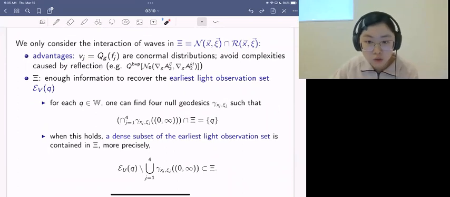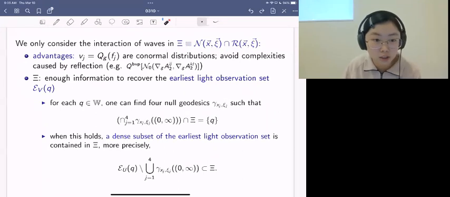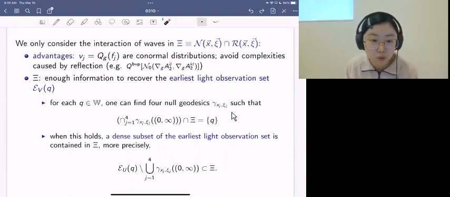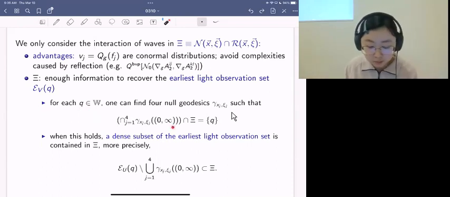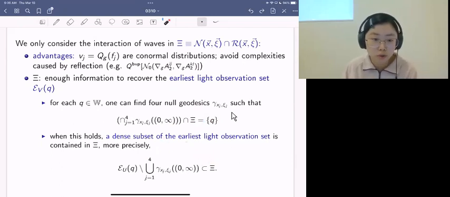On the other hand, this intersection Theta contains enough information to recover the earliest light observation set, because for any point Q in W, one can find four proper null geodesics such that they intersect at Q in this open set Theta. And when this is true, one can show that a dense subset of the earliest light observation set is contained in Theta. So if we focus on the analysis in this set Theta, we won't miss any information.